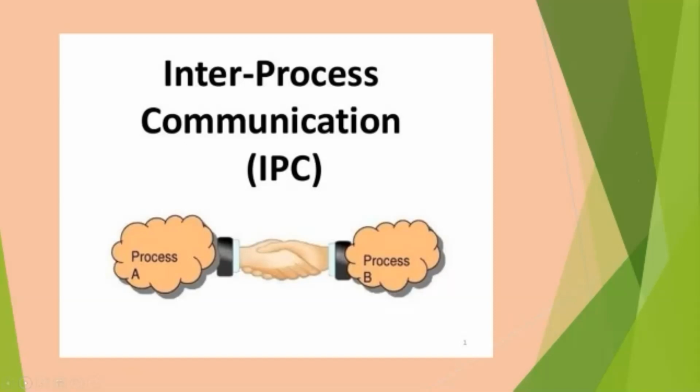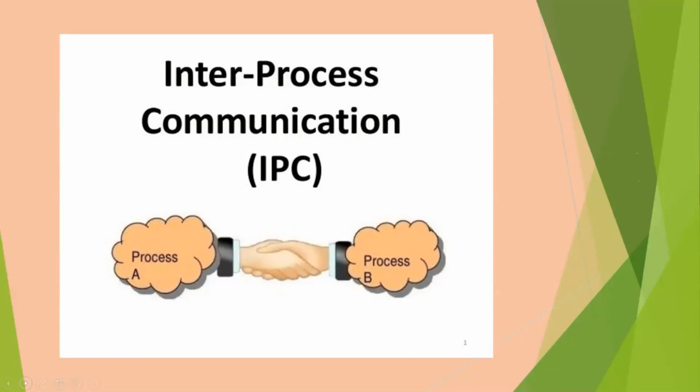Inter-process communication, IPC, is a mechanism which allows processes to communicate with each other and synchronize their actions. Whenever we are talking about inter-process communication, it should be kept in mind that synchronization is one of the important factors. The communication between these processes can be seen as cooperation between them. Processes can communicate with each other through both shared memory and message passing.